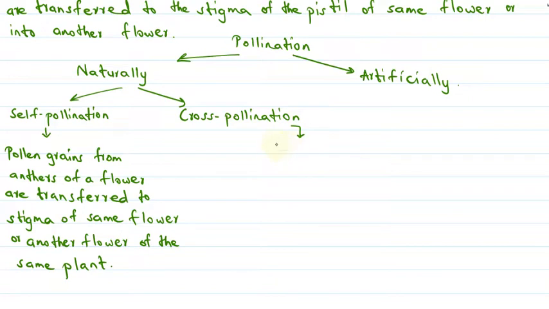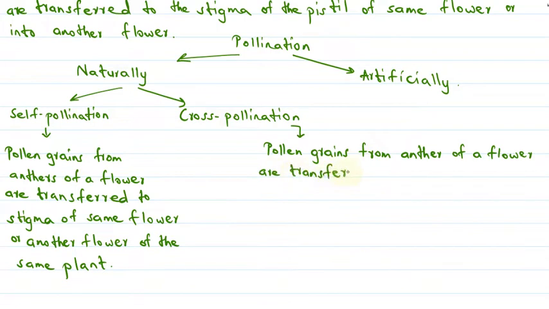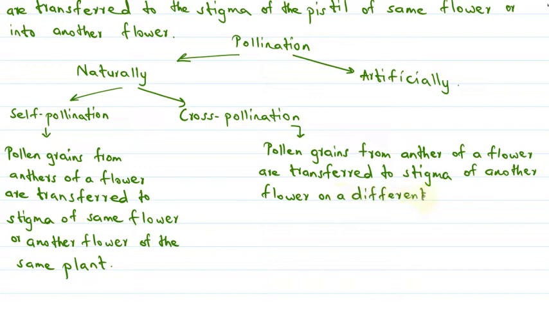In this process, pollen grains from the anther of a flower are transferred to the stigma of another flower, a flower on a different plant, but this different plant is of the same variety.